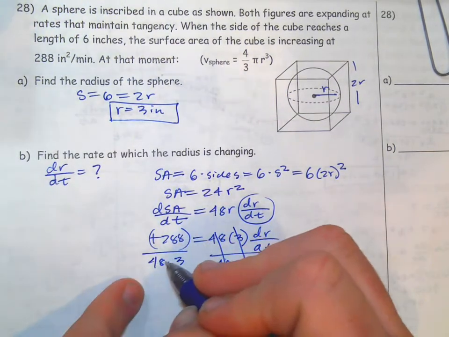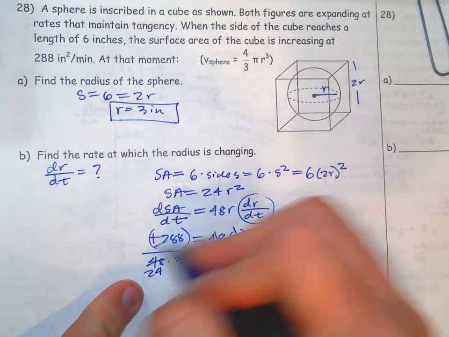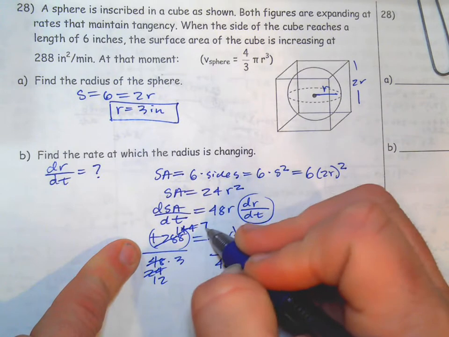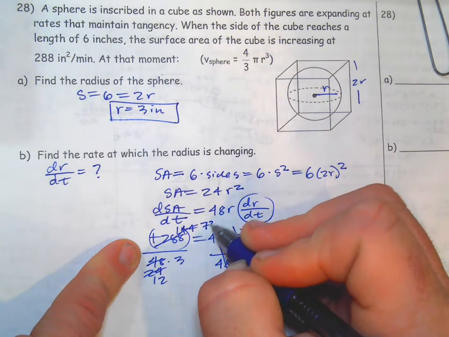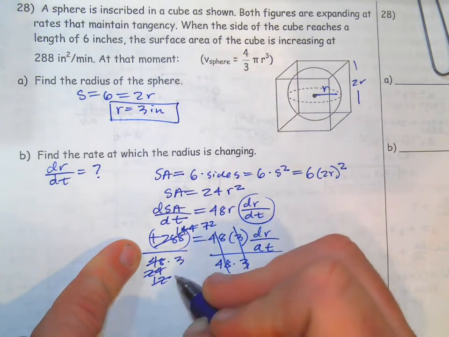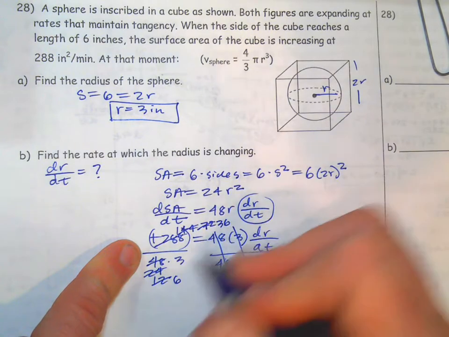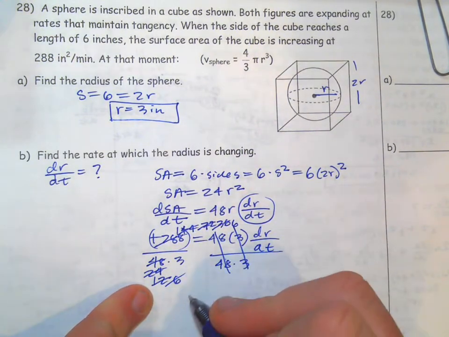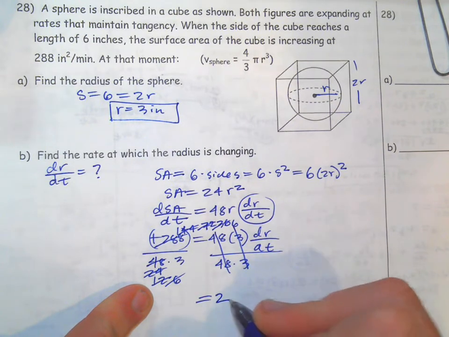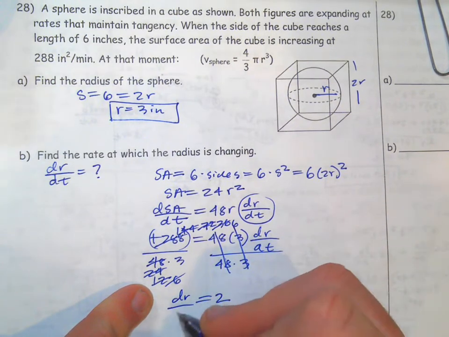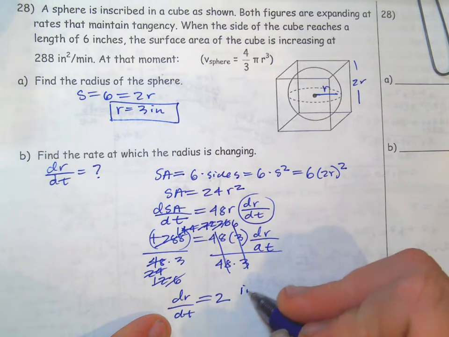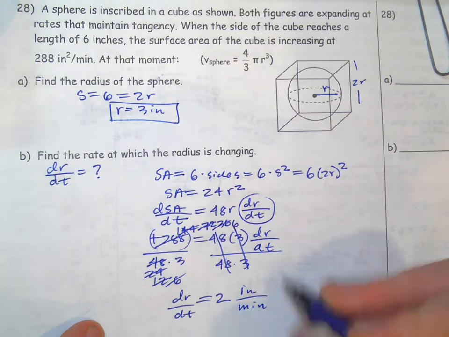We take half of this, half of this, and so on. 6 goes into 6 times. 6 over 3 is 2. So the answer is dr/dt equals 2. Its radius, a one-dimensional length, so the unit should be inches per minute.